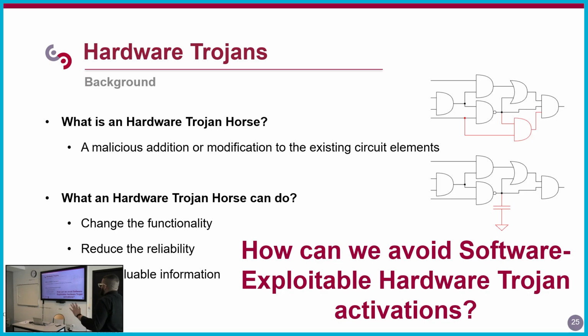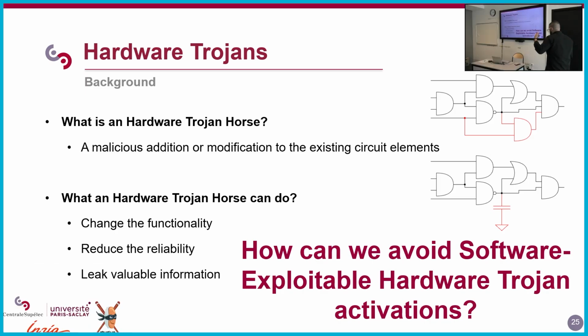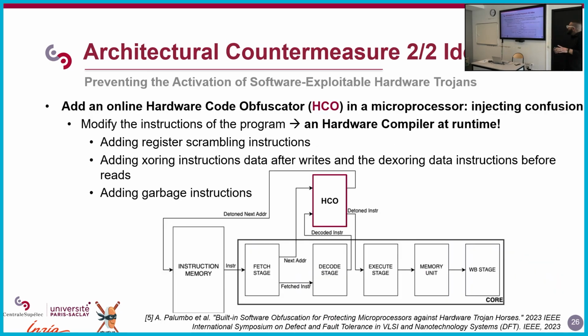So far, we were saying before that via software an attacker could trigger a particular hardware Trojan just by executing some particular instructions. So how can we avoid software-exploitable hardware Trojan activations? The idea is to implement an obfuscator.